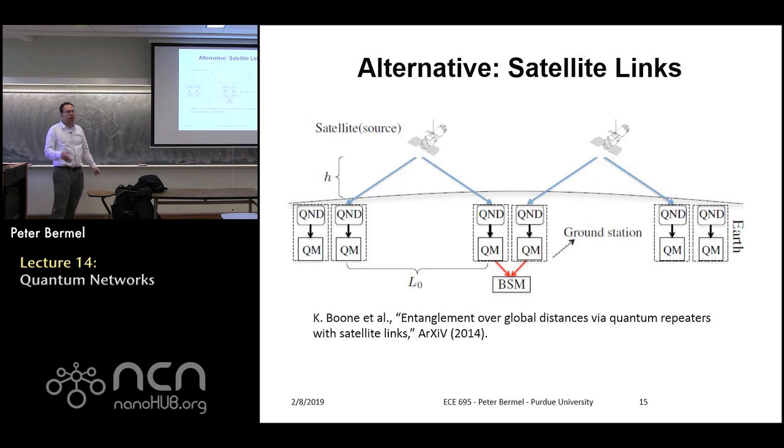Another approach that became very widely publicized, I think, last year was satellite links. This concept was devised about 5 years ago, to my knowledge. So this paper published on arXiv lays out the concept. The idea here is to take advantage of the fact that once you get into the upper atmosphere, particularly at certain wavelengths, it's very transparent.